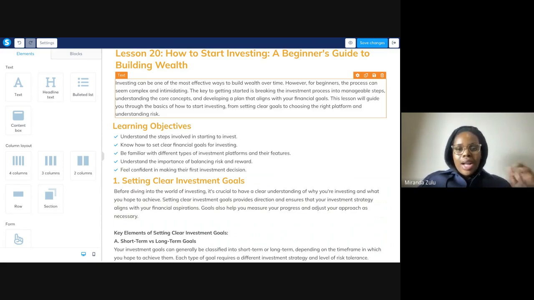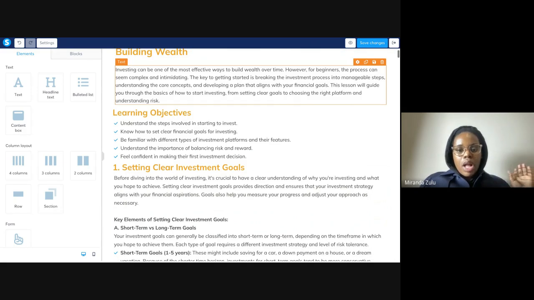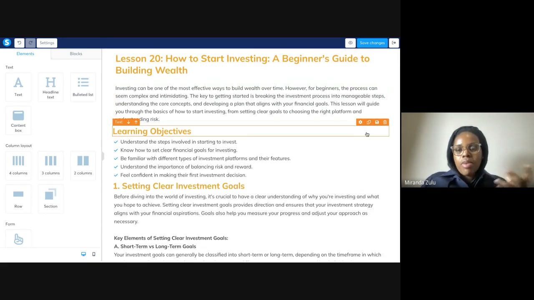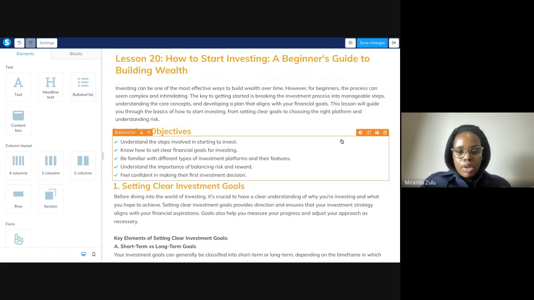So when it comes to investing, there are many layers to it, right? There are many ways to go about doing it. A lot of it is rooted in education, having some type of understanding of the topic of investing, the topic of returns, what to invest in, things that are available to invest, and all of that.